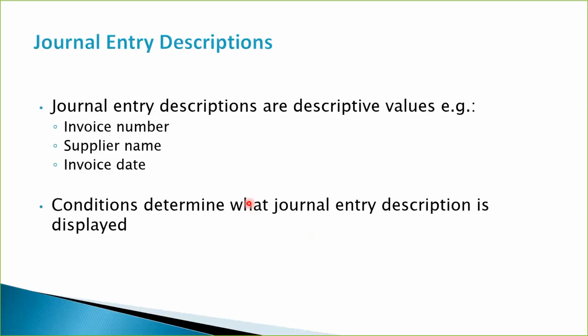We have said that we can have journal entry descriptions for the header level, which are associated with the event type, and for the line level, which are associated with the line type.